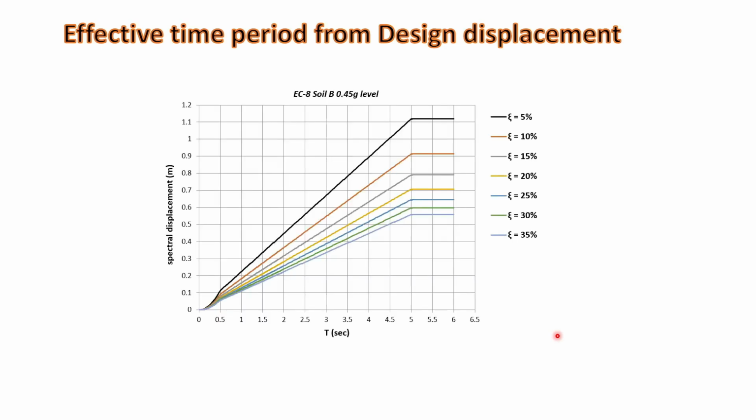Now, how to get the effective time period from this design displacement? Design displacement means the spectral displacement is given to you. Let us consider the EC8 spectrum at 0.45 g level, as we have seen in the previous slide.